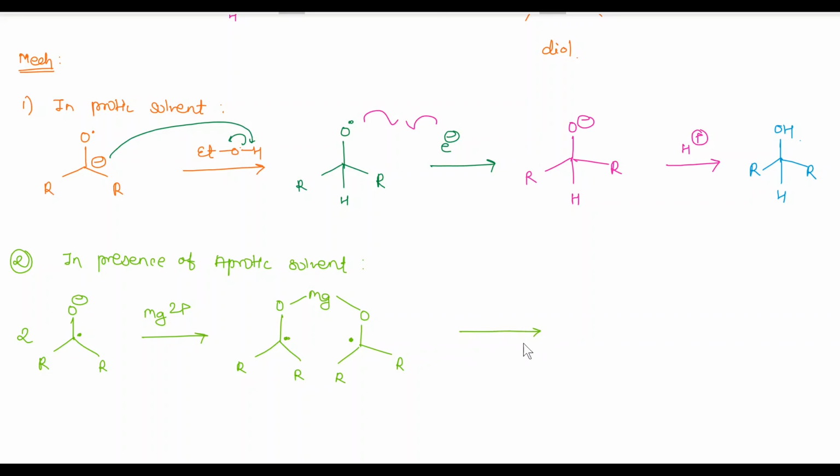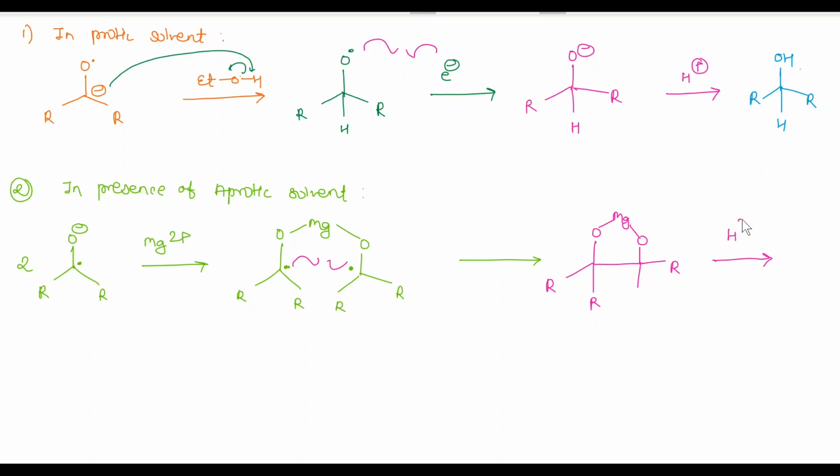In next step, coupling of this radical take place and we get here oxygen bond Mg bond oxygen. Next, in presence of acid, we get this diol as a product.